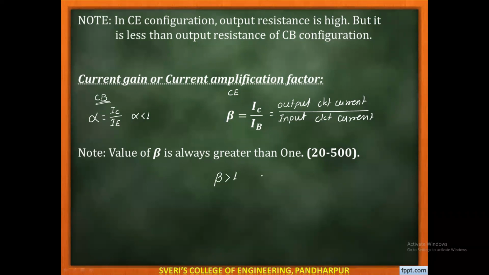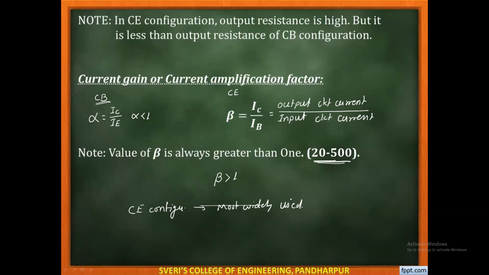And the value of beta is observed to be in the range of 20 to 200. And that's why I say that the CE configuration is the most widely used configuration for current amplification circuits.